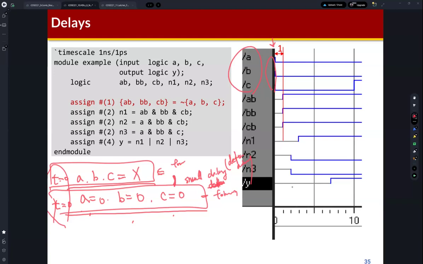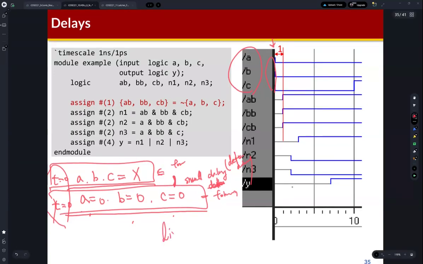So delta, like this limit, delta t goes to 0. Actually in mathematics, we can also define the delta delay like this. We can make the time gap 0 using this limit operation.